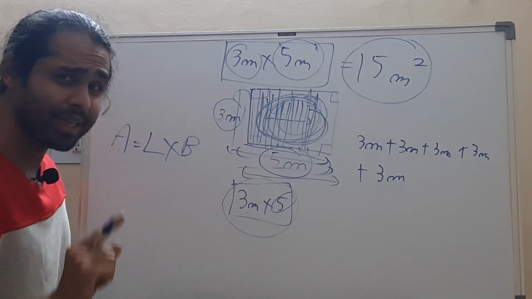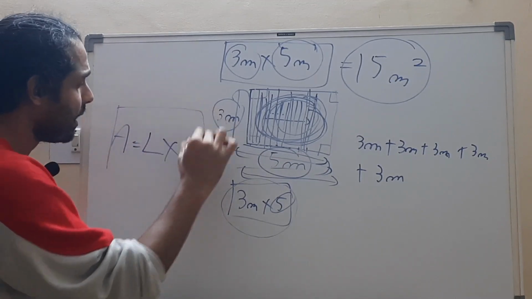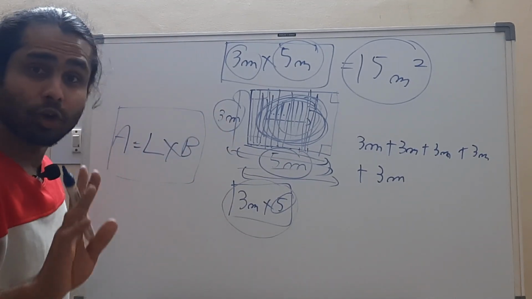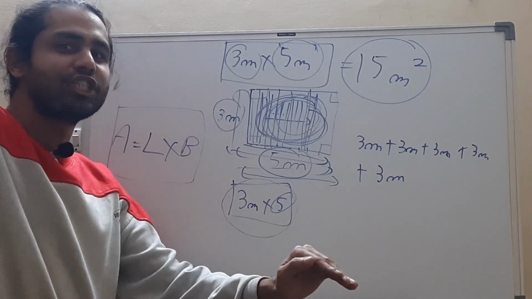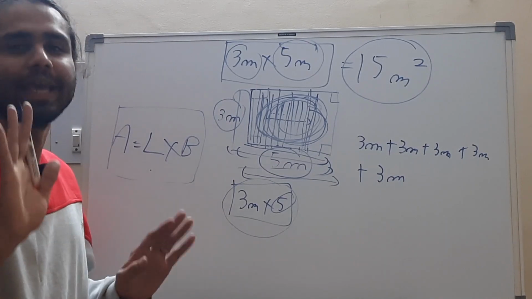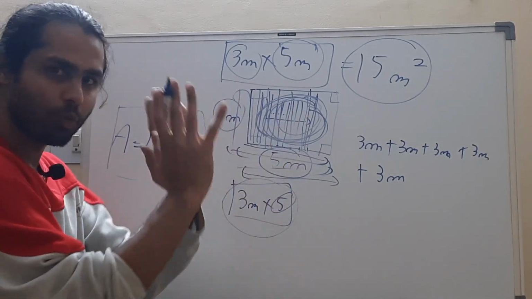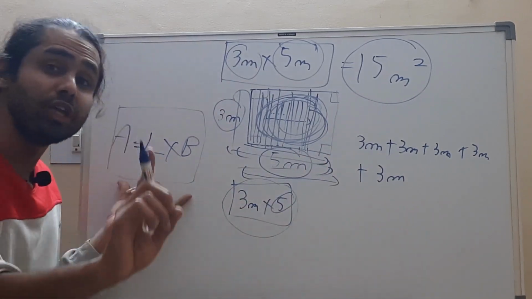Now, here's where it gets a little bit tricky or interesting. This area, length into breadth, believe it or not, whether you're talking about mathematics at grade 5 level or PhD level, is our only formula for area. For a plane surface, if you want to find out the amount of space there is, this is the only formula.